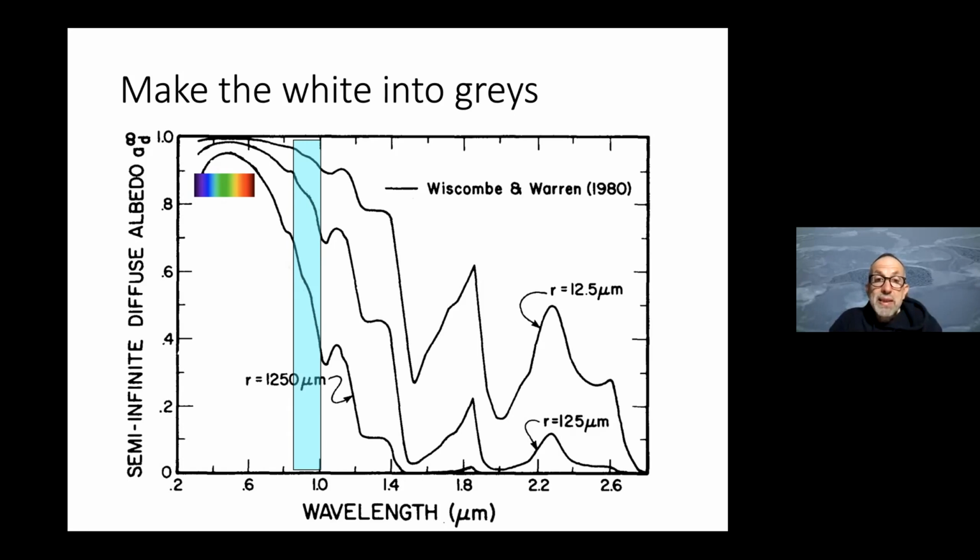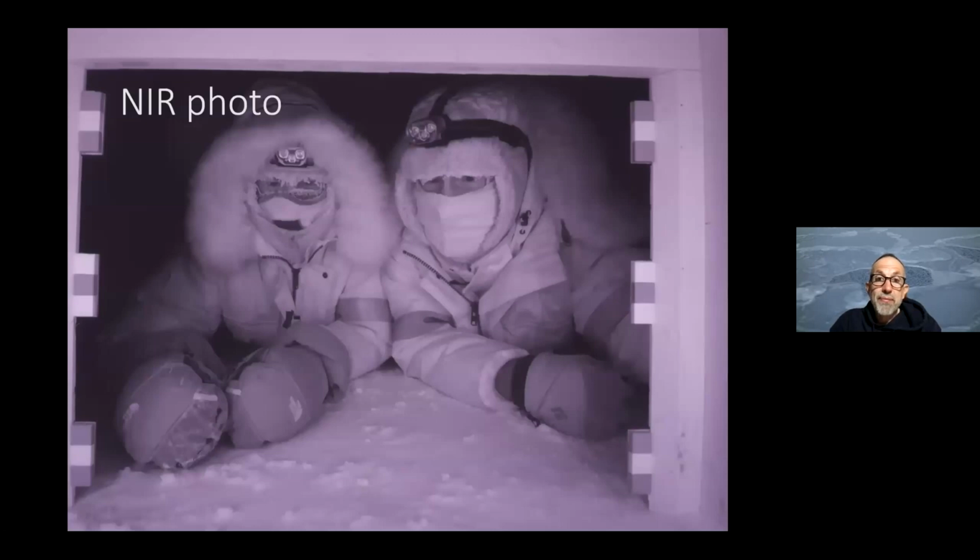This property can now be used to see snow in different grays. So near-infrared photography makes sometimes black closest to white.